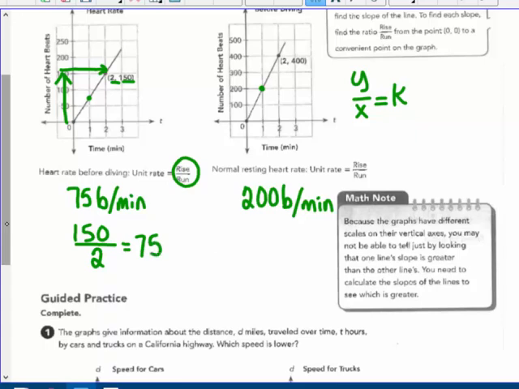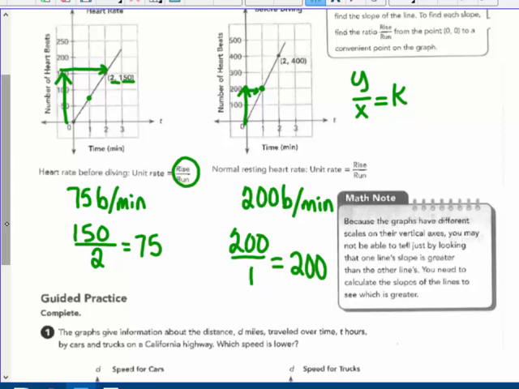In the example on the right, my rise is going up 200 and over 1 minute. Up and over. So rise over run, so y over x. That's also going to give me that 200.